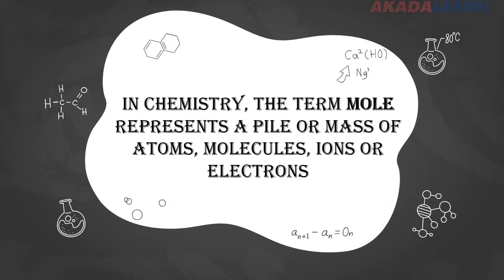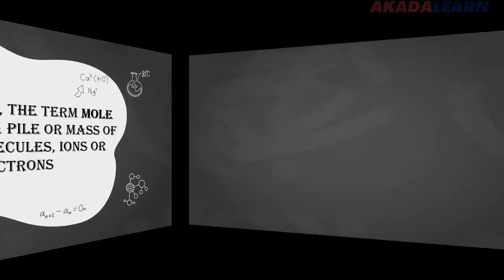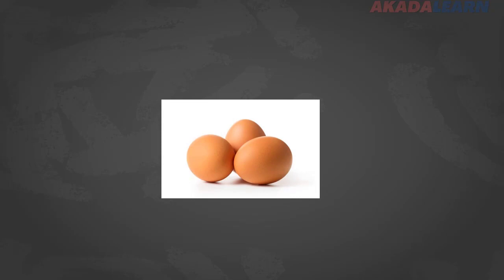In chemistry, the term mole represents a pile or a mass of atoms, molecules, ions, or electrons. So now, for a simple analogy, if I say give me a dozen of eggs, you are likely going to give me 12 eggs.